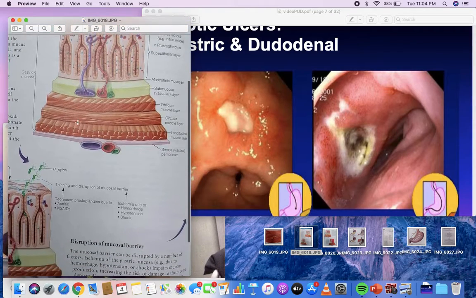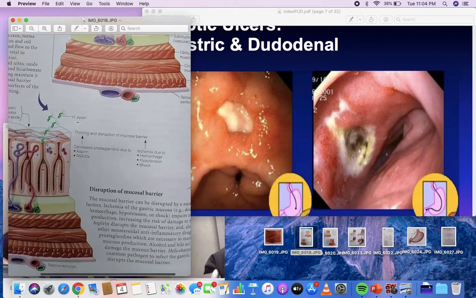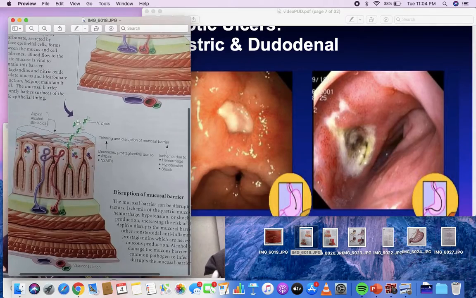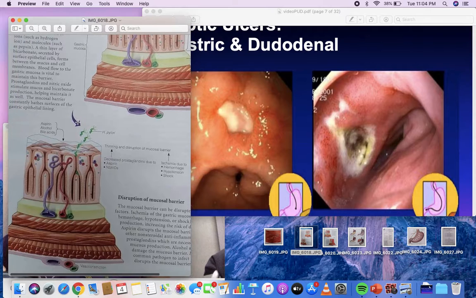So next is about the disruption of the mucosal barrier. As you can see in the picture, the mucosal barrier can be disrupted by a number of factors. Ischemia of the gastric mucosa due to hemorrhage, hypotension, or shock impairs mucus production, increasing the risk of damage.